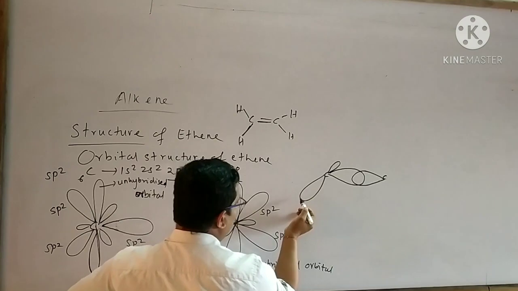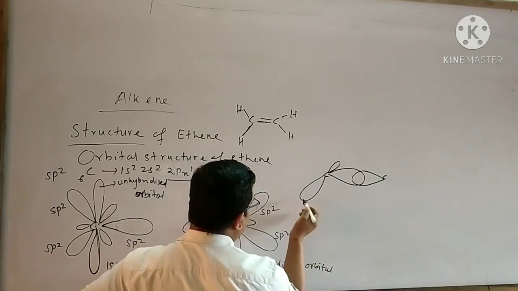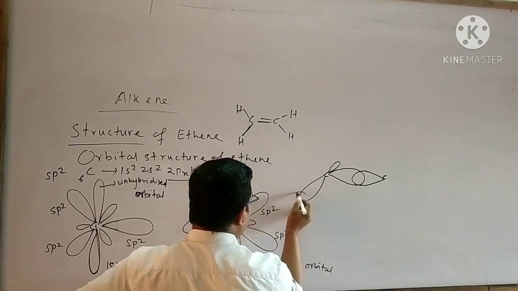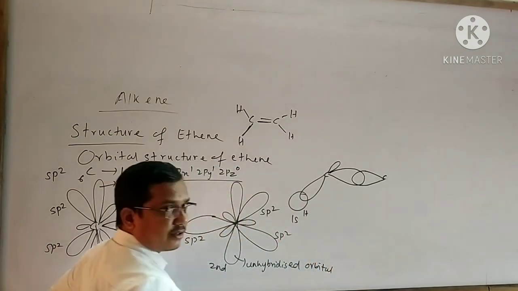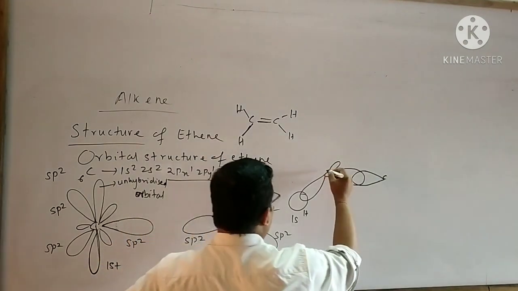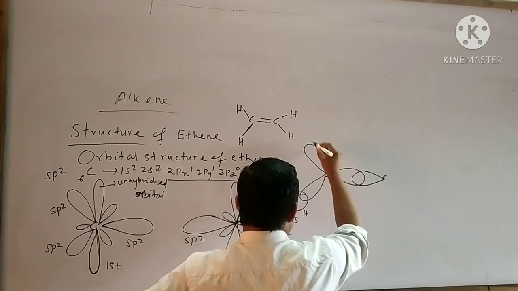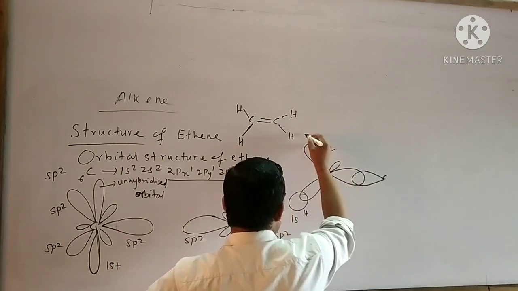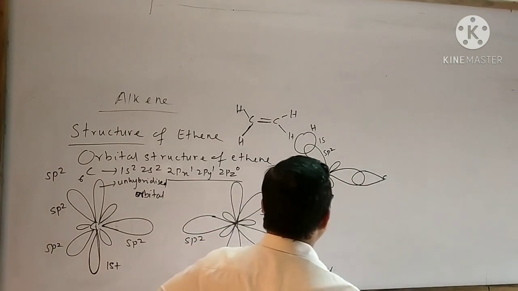Now it takes the 1s orbital of a hydrogen atom and undergoes head-on overlap like this. This is the 1s orbital of the hydrogen atom.